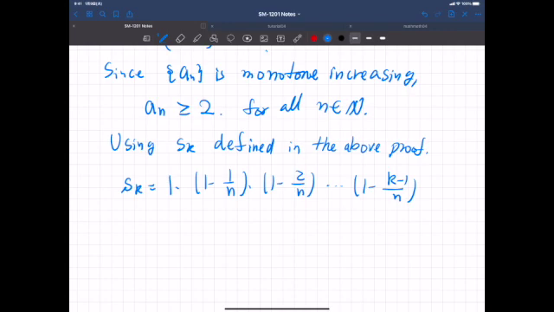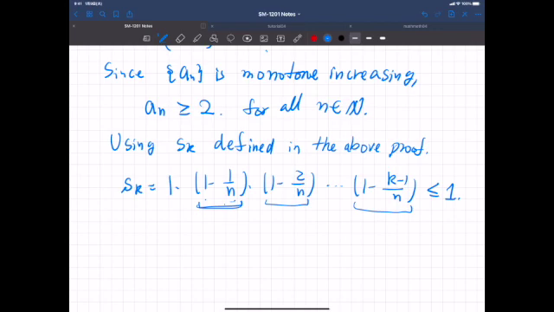And you should see that this is less than 1. Why? Because this term is 1 minus some small number, this 1 over n is clearly less than 1, so this should be positive and less than 1. And same for this. And actually it applies to everything here. Every factor is less than 1 and positive.